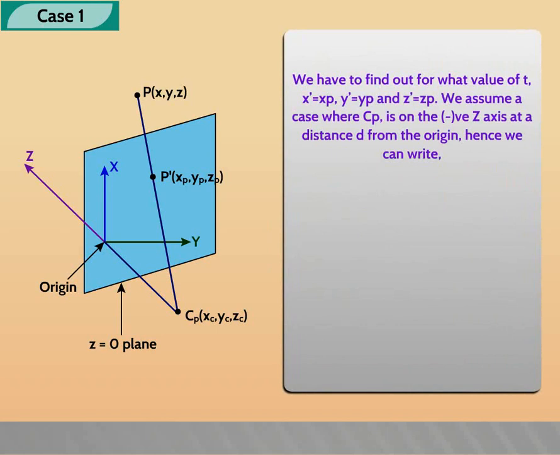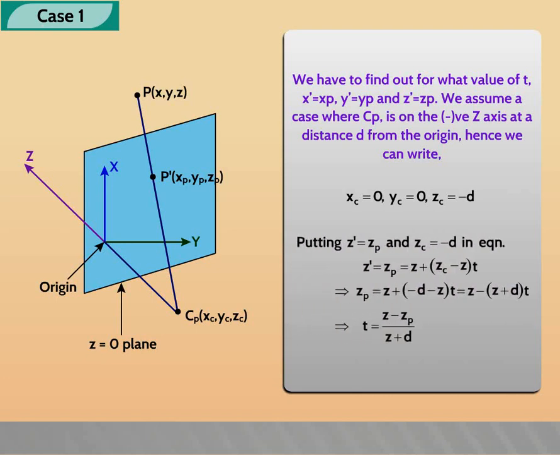We have to find out for what value of t x dash is equal to xp, y dash is equal to yp and z dash is equal to zp. We assume a case where Cp is on the negative z-axis at a distance d from the origin. Hence, we can write xc is equal to 0, yc is equal to 0, zc is equal to minus d.